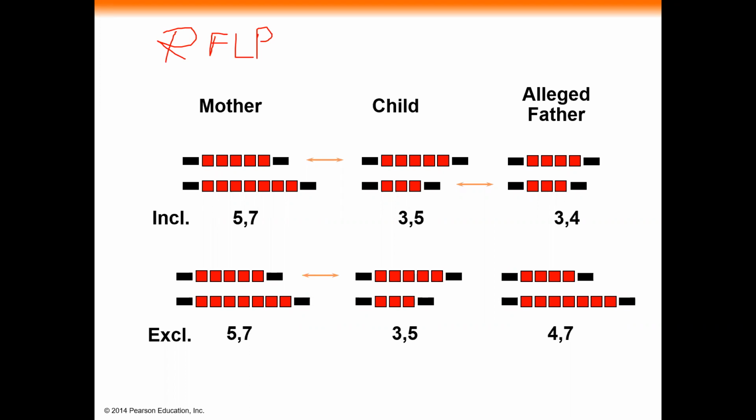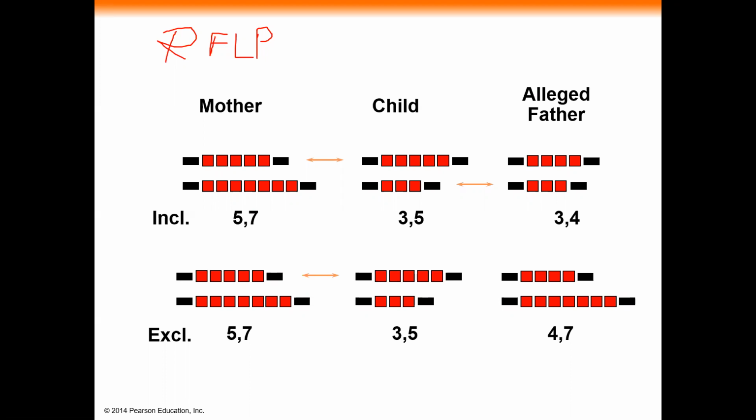So what a restriction fragment length polymorphism, say that 3 times fast, is that if you want to determine the paternity of a child, you can take a blood sample from the mother. You also take a blood sample from the child and from the alleged father. And what you do is add the same restriction fragment to all 3 blood samples.